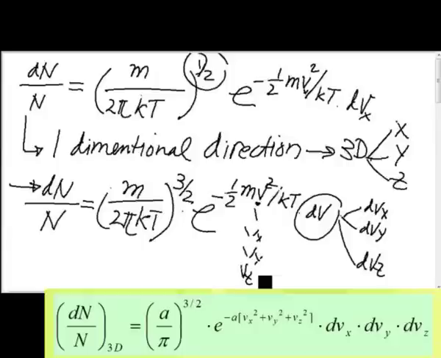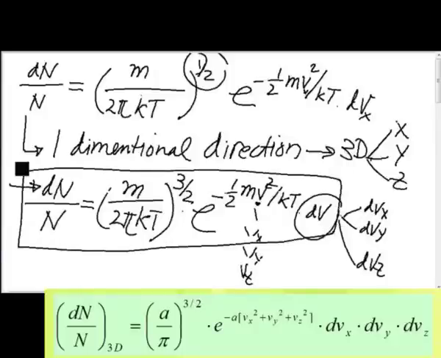So our equation now becomes this, because in three-dimensional direction, it is actually the same as shown on the presentation. But here this one is pi.